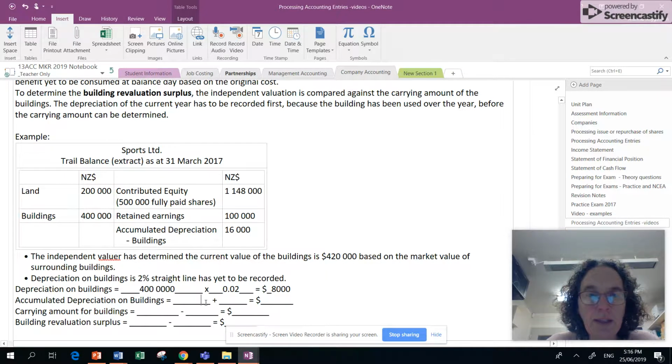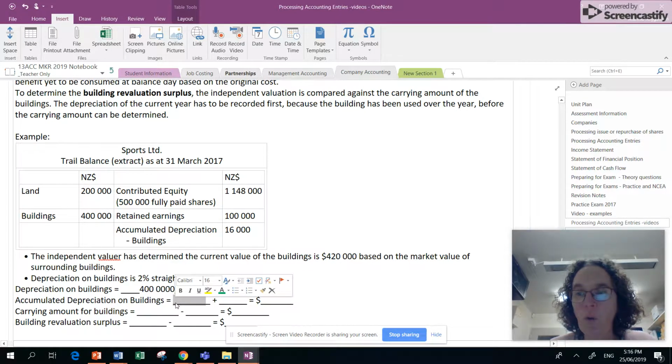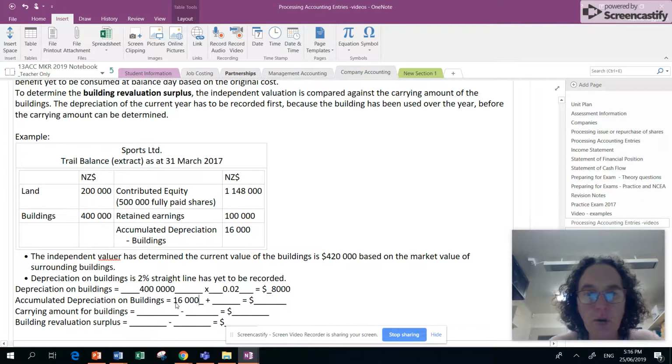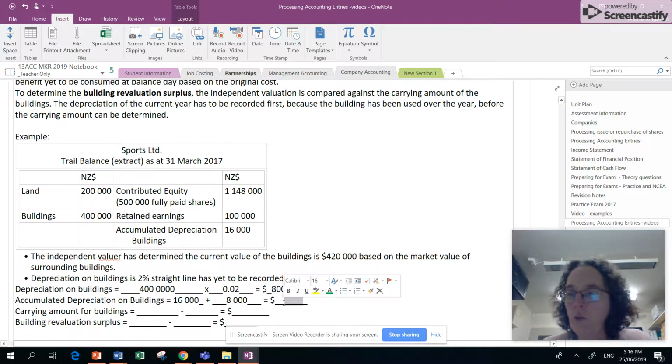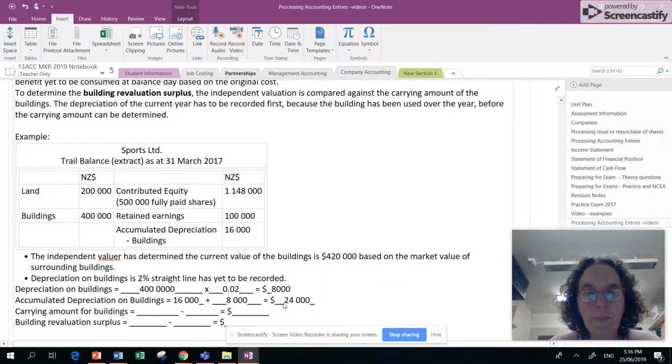That $8,000 depreciation will go in our income statement as an expense, and we will add it to our accumulated depreciation. We had $16,000 already in our trial balance, and now we're going to add on the next $8,000, so that'll take us to $24,000.